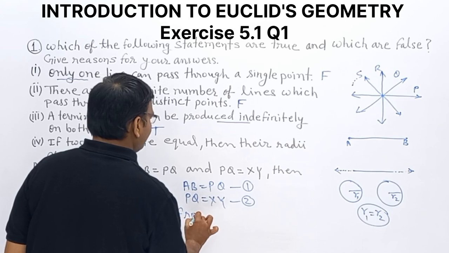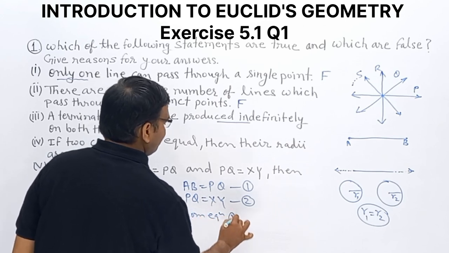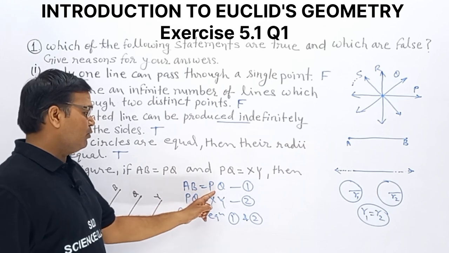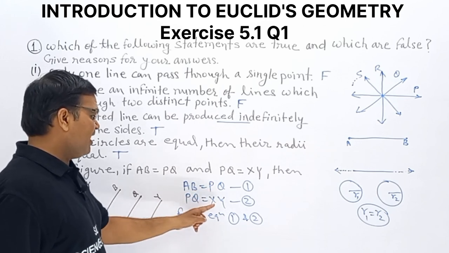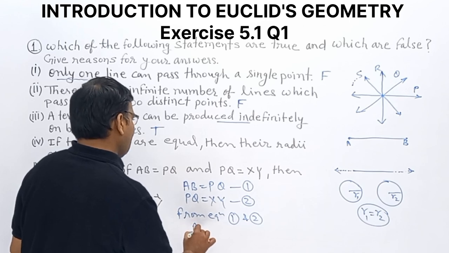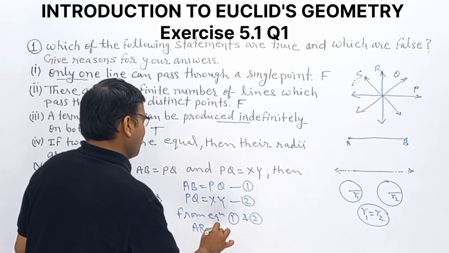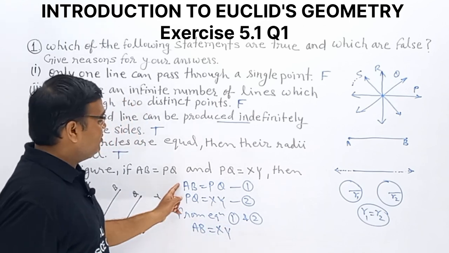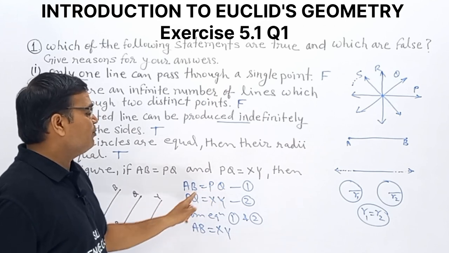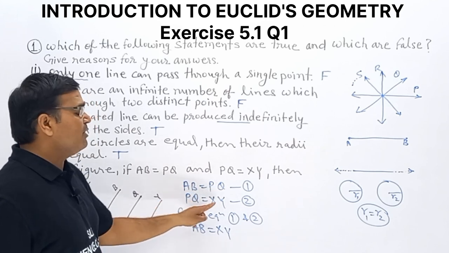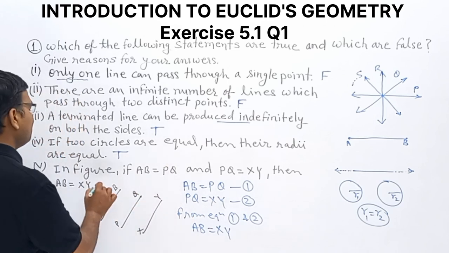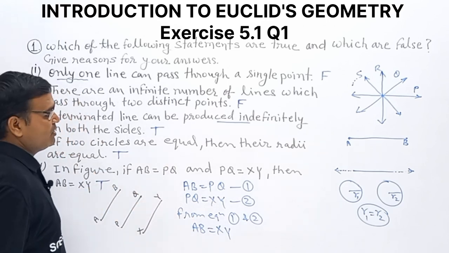So from equations 1 and 2 we can say AB equals PQ and PQ equals XY. In both equations we have PQ, so we can say AB will be equal to XY. This is the true statement.